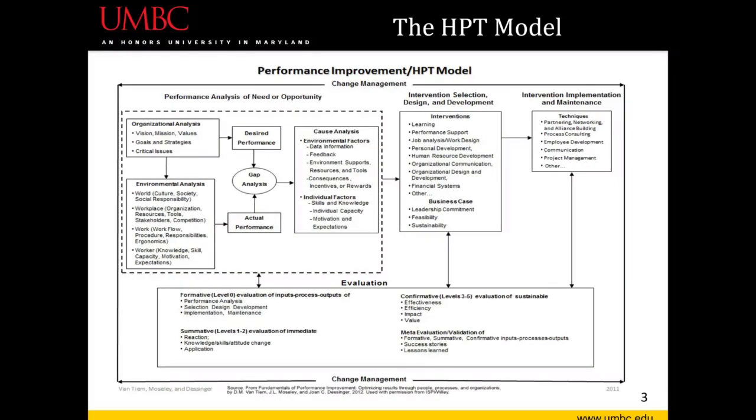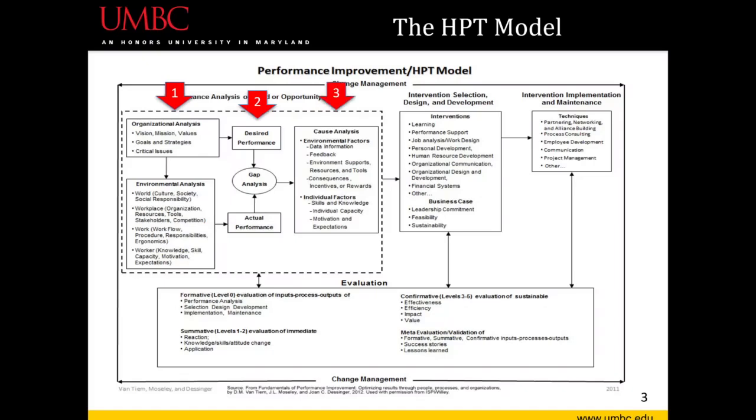Now, as we do each week, let us look at the Human Performance Improvement Chart to see how this week's lesson fits in with the HPT methodology. As I stated in the opening slide, we first studied how critical organizational and environmental analysis was to the methodology. Then the next vital step is to determine the actual and desired performance, and then we can determine the performance gap.